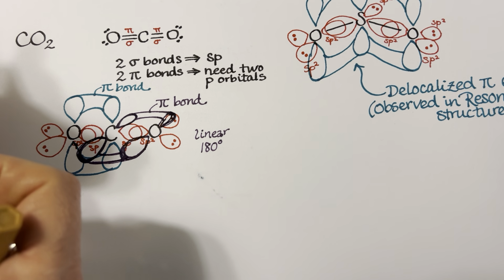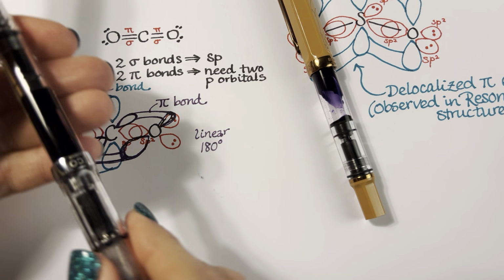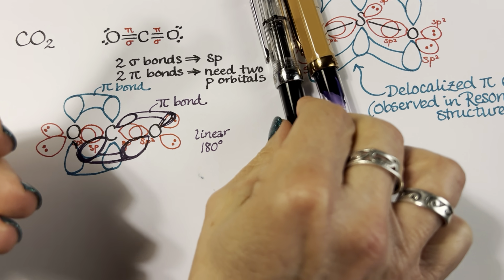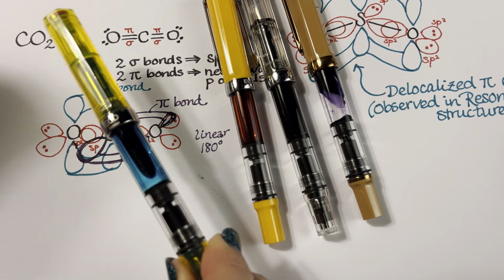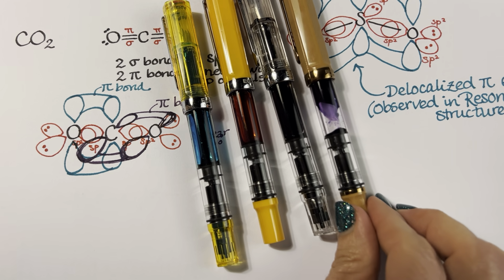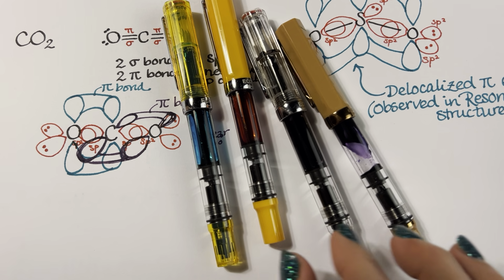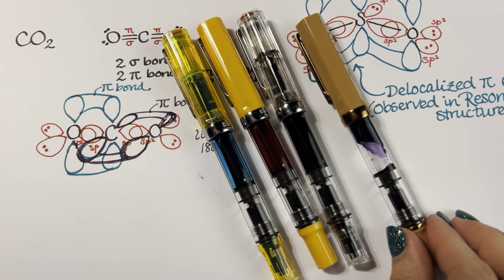That is a wrap. I hope that was helpful. Oh my gosh, I feel like I used more different pens on this video than ever before, mixing them up and actually kind of needing them. So, all right, thank you for being here.